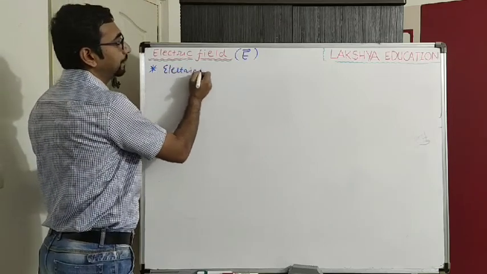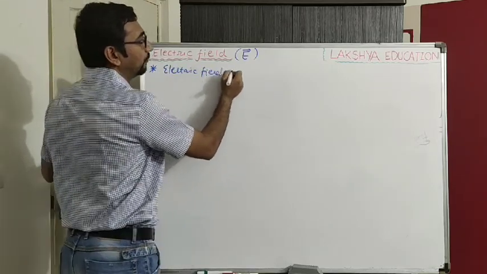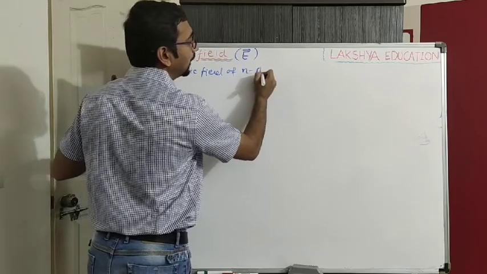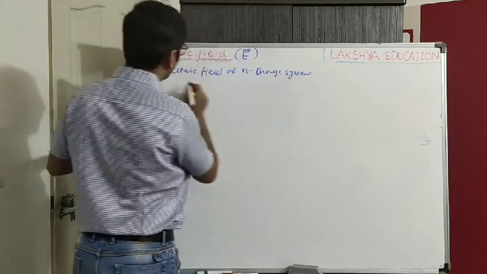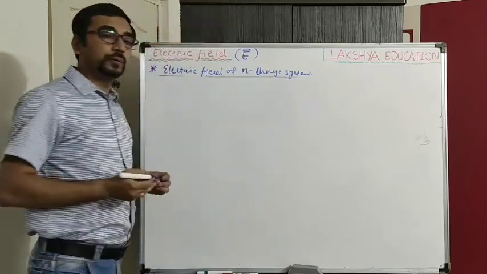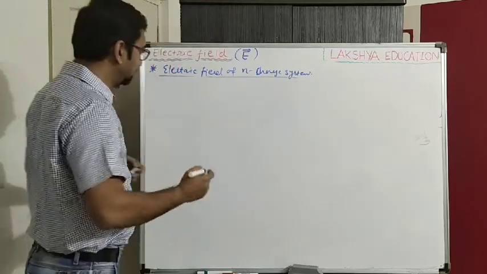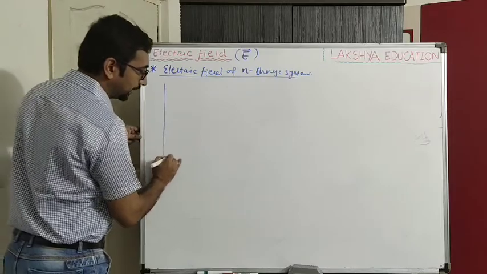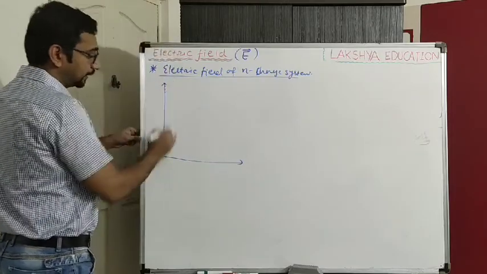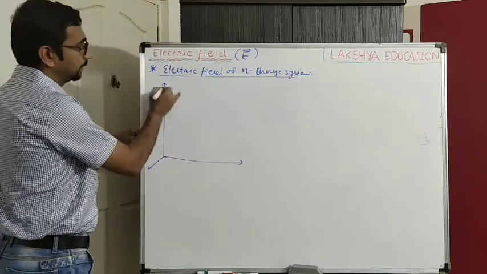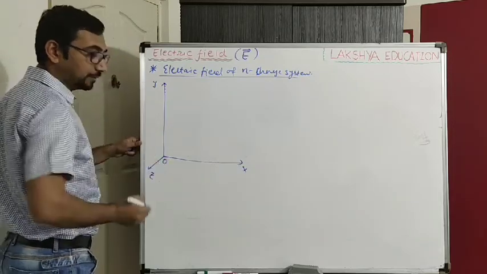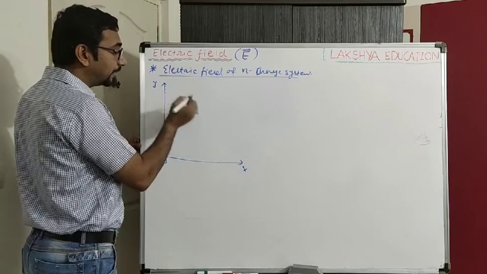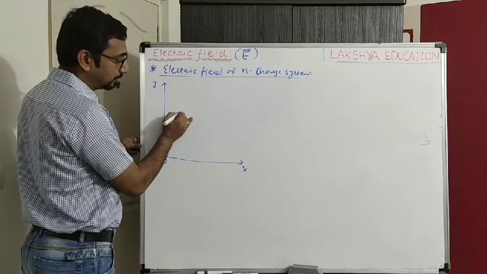Electric field of an n charge system. Again we have to do the arrangement of charges. We'll take a coordinate system here, suppose x, y and z coordinate system. Right now suppose we have 3 charges.